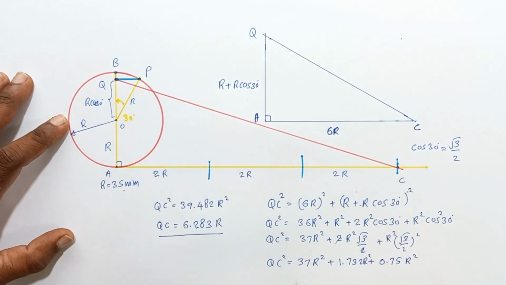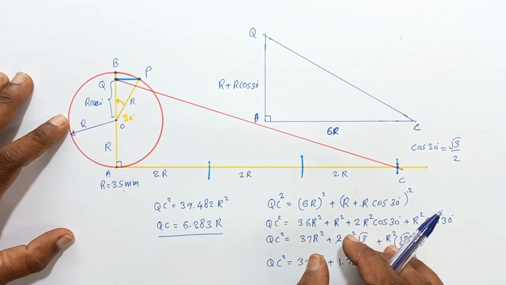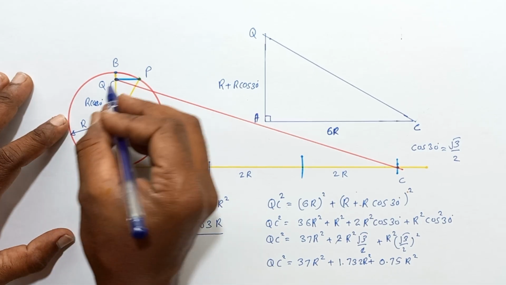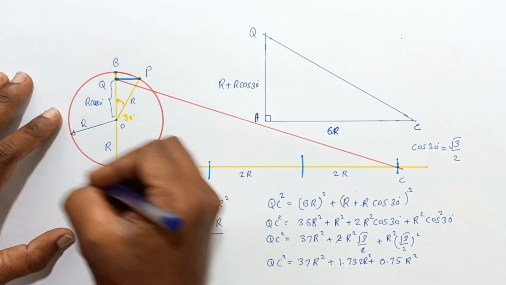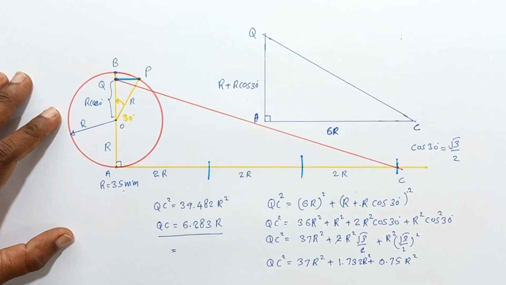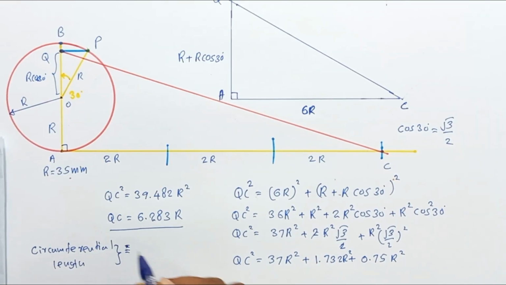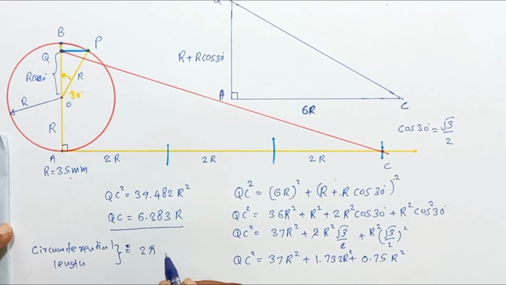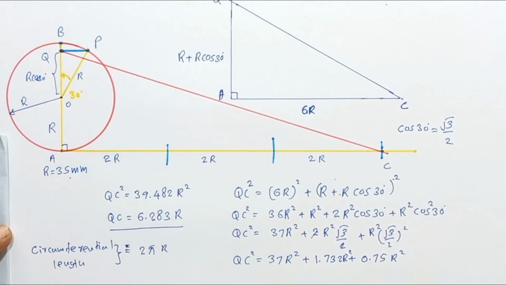This QC is equal to the circumferential length. If you take the equation to calculate the circumferential length, the circumference of the circle is equal to 2πr. What is this value?